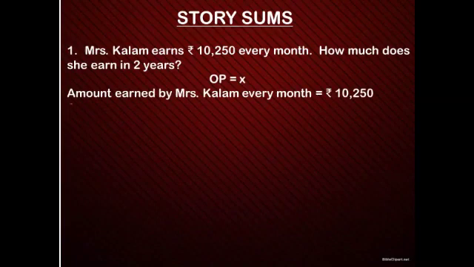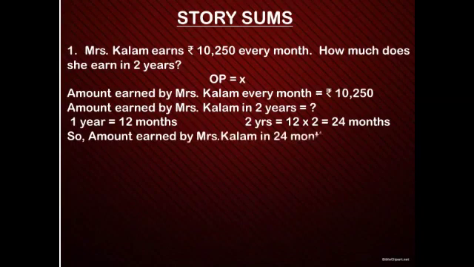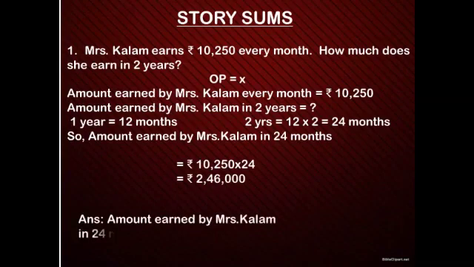So you will multiply rupees 10,250 by 24 and you will get the answer as rupees 2,46,000. So you write the answer as: amount earned by Mrs. Kalam in 24 months is rupees 2,46,000.